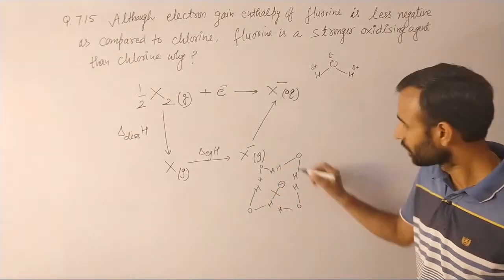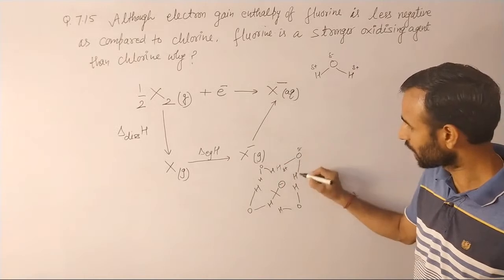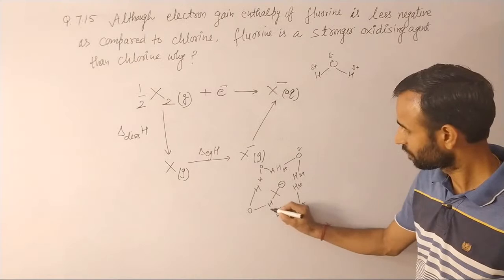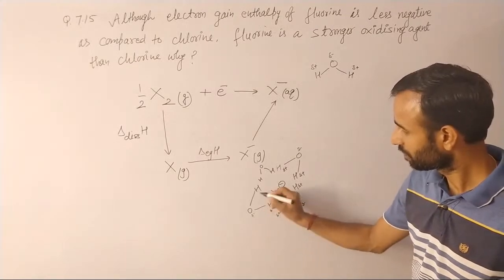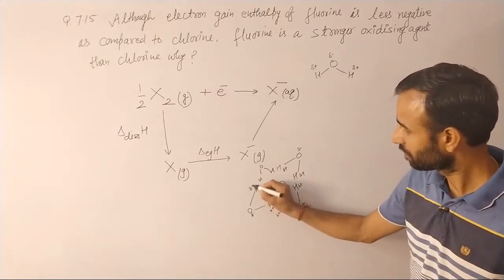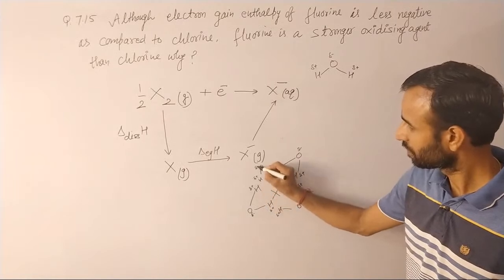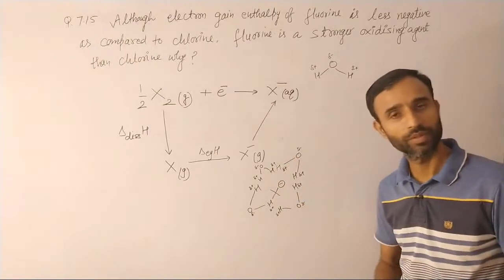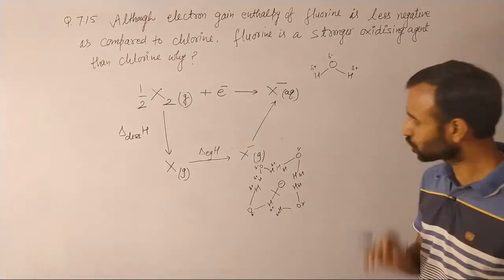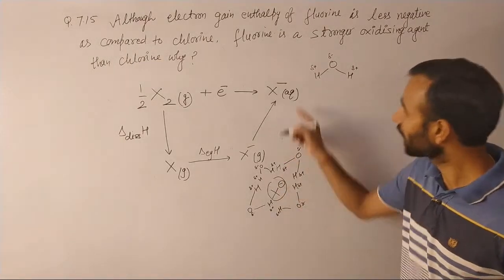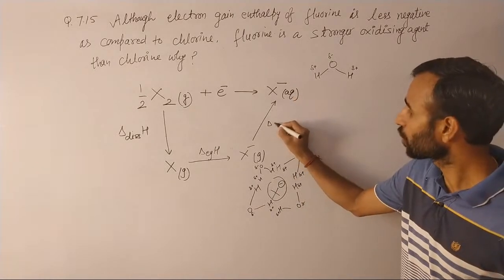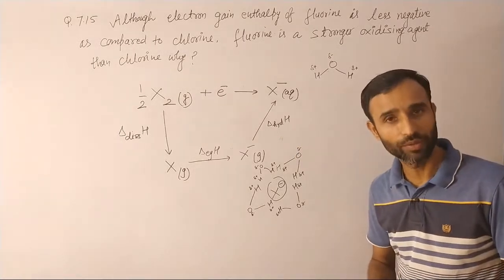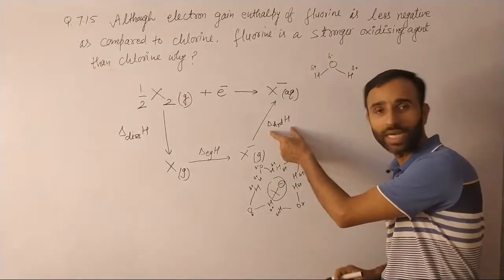Like this, H is positive, O is negative. Right? So in this way, X negative aqueous, the amount of enthalpy change here is called hydration enthalpy.